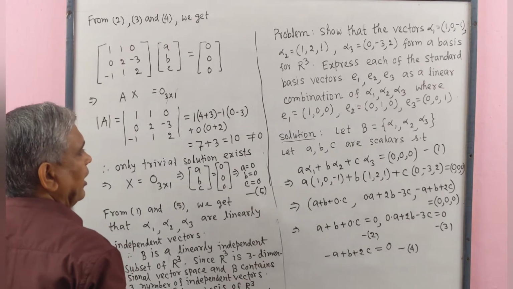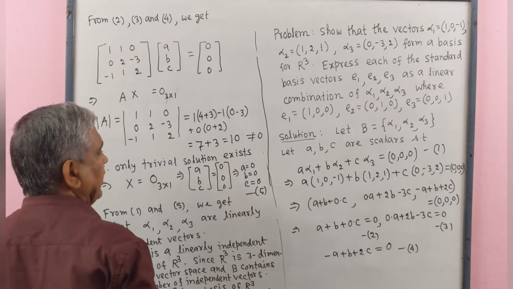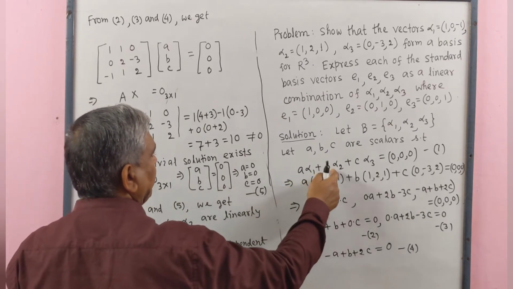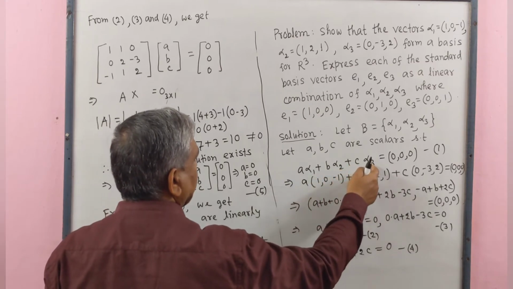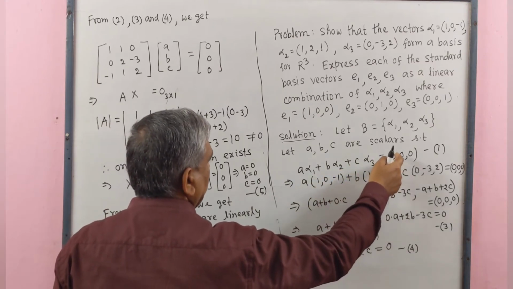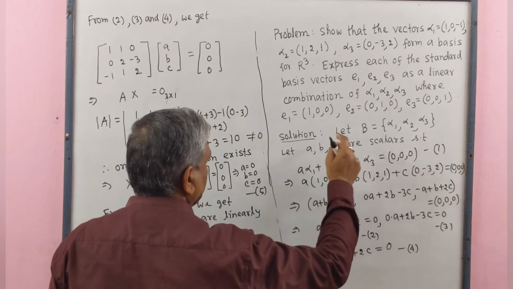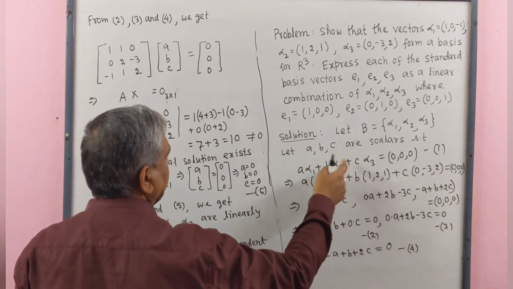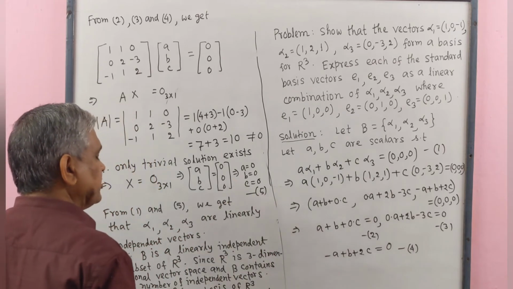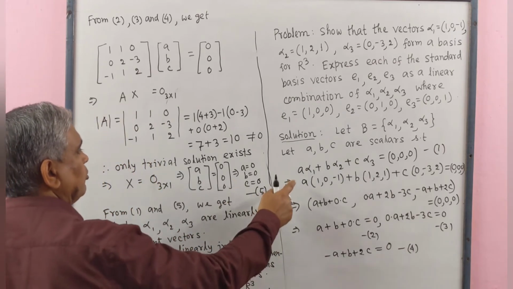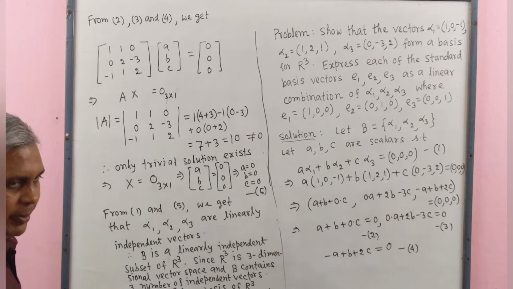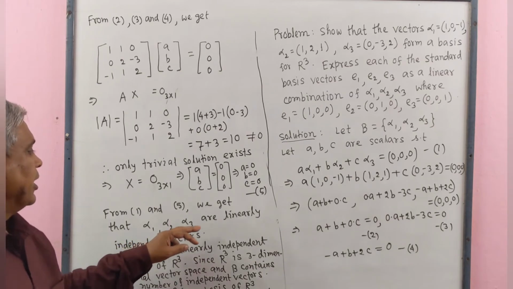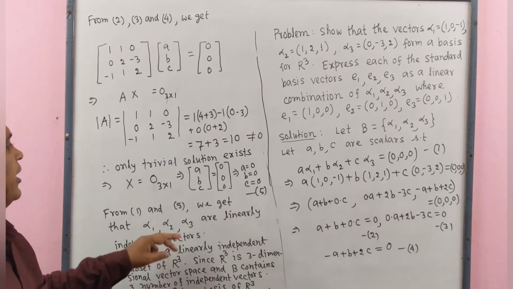From 1 and 5 we get a alpha 1 plus b alpha 2 plus c alpha 3 equal to the ordered triplet (0, 0, 0) implies that a equal to 0, b equal to 0, c equal to 0. That means alpha 1, alpha 2, alpha 3 are linearly independent vectors.